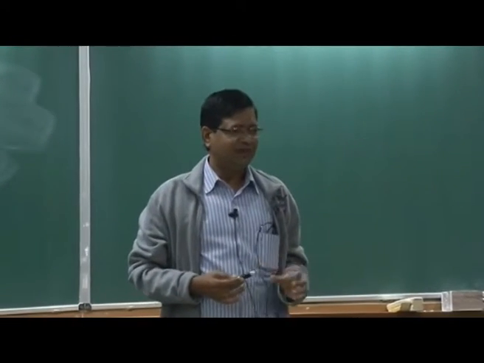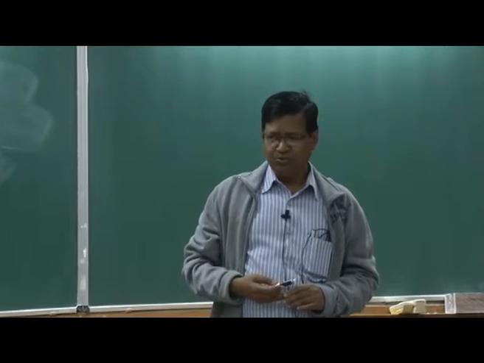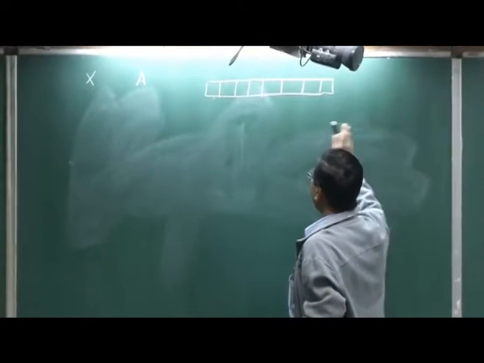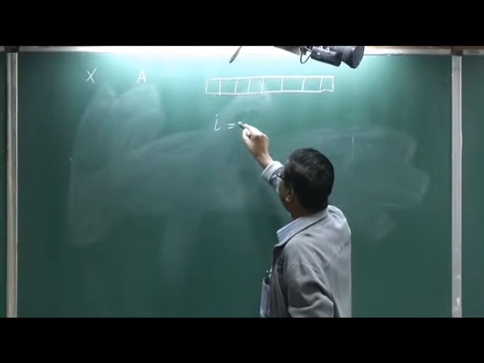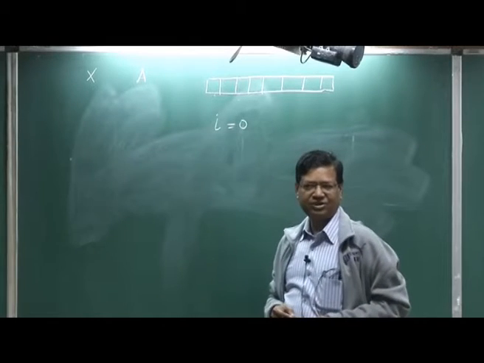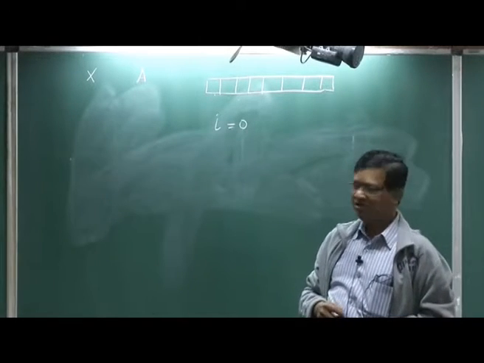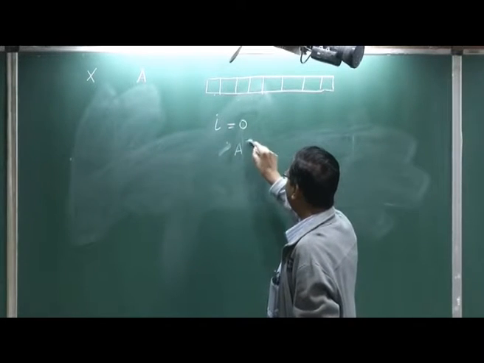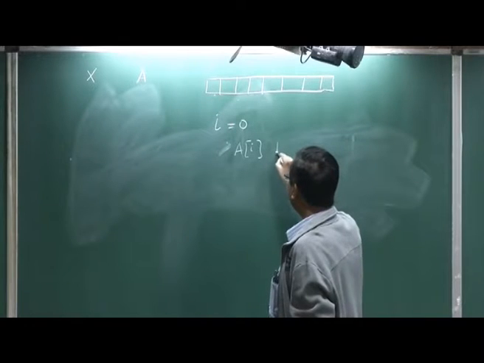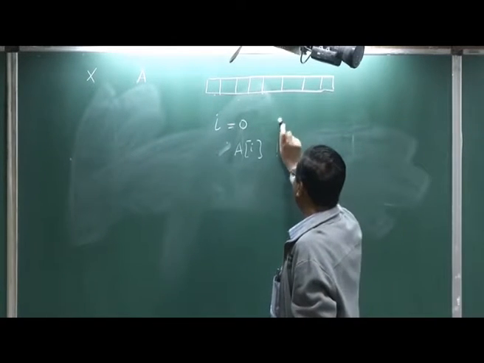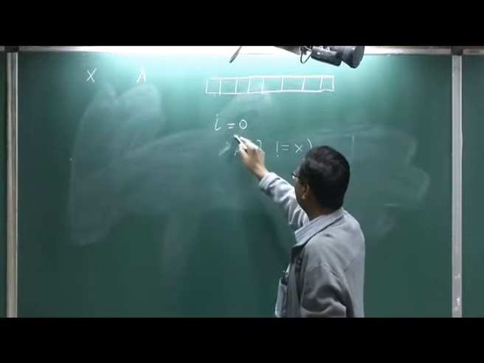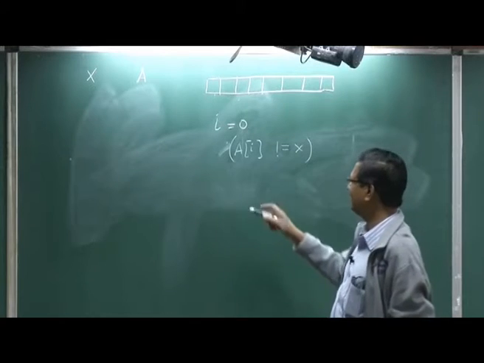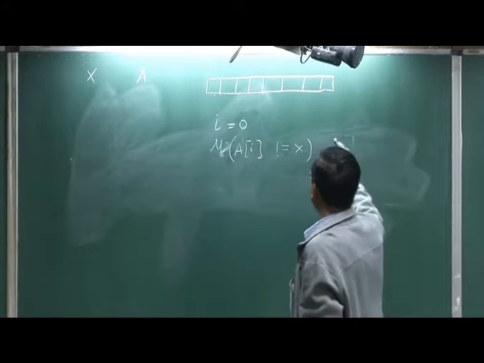So I should just scribble my logic in a loop. I start with my initial location, which is i equal to 0. Then I say, if A[i] is not equal to x, then I should go to the next one. So I can simply write if, keep going.